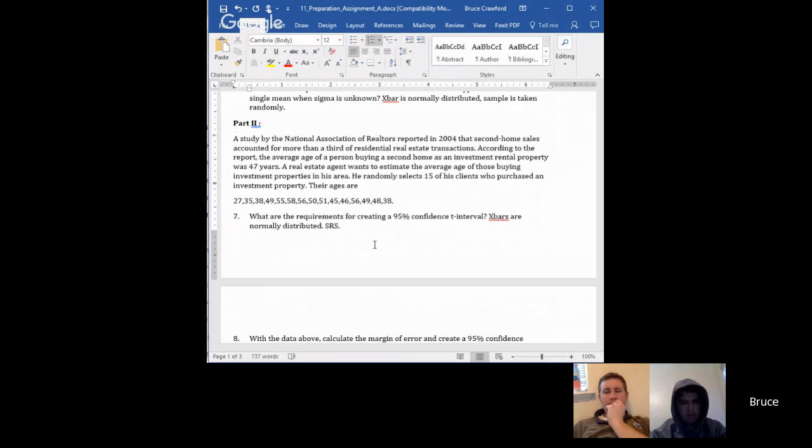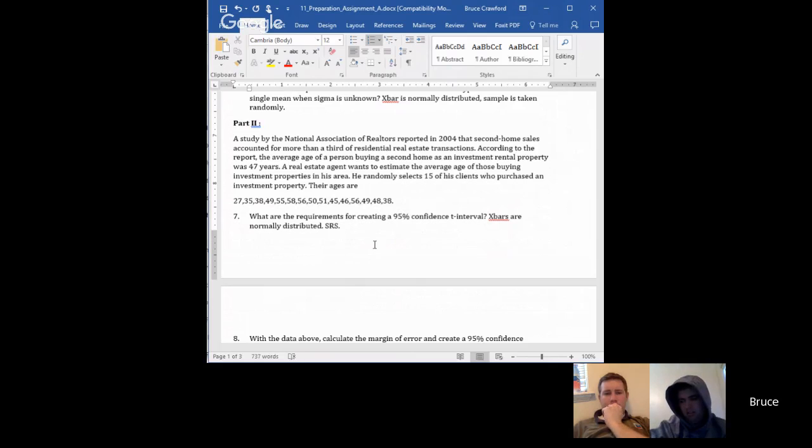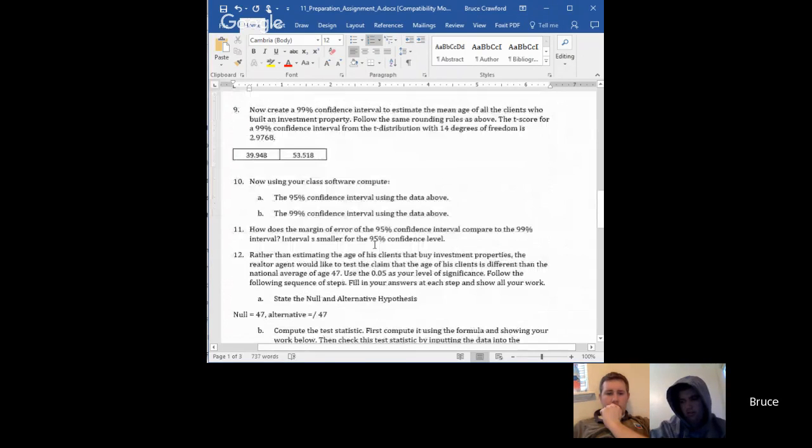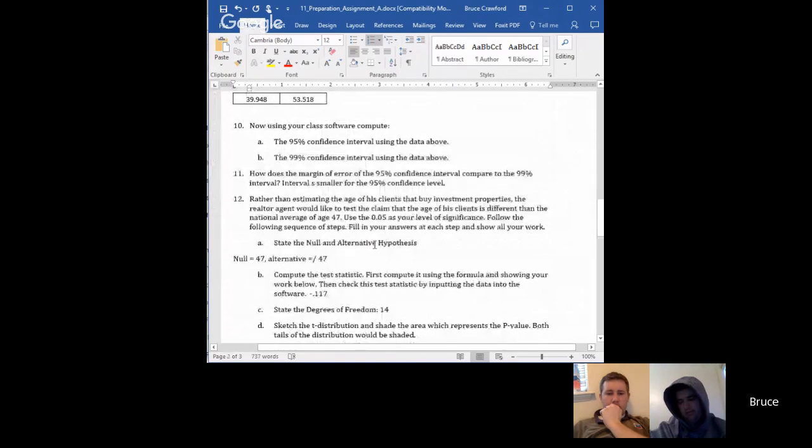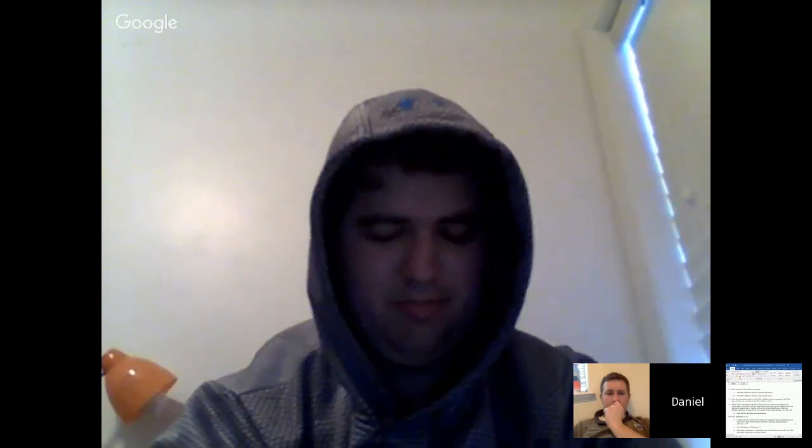We'll have to ask her, because that might come in handy if we have to use that for a test. On that one I didn't find a place for a graph, I just described it. Yeah, I just said you draw a bell-shaped curve and shade the tails. Pretty much.